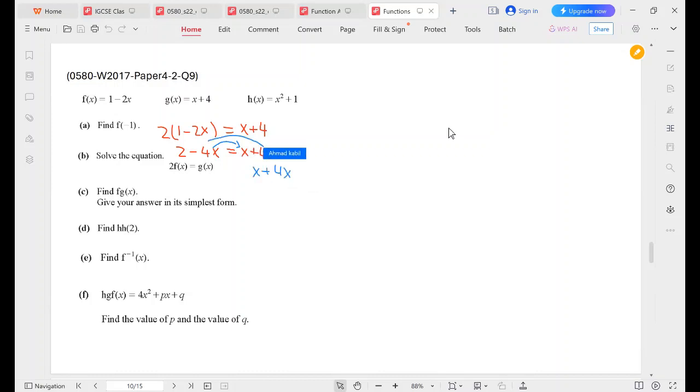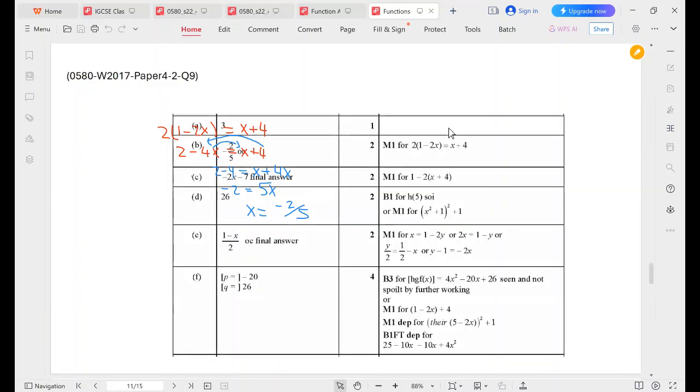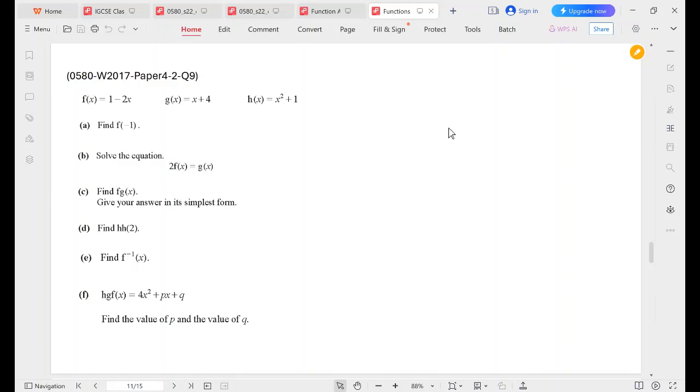And we can take the 4 to the other side, so this would be 2 minus 4, which is negative 2. So 5x equals negative 2. If we divide by 5, we get x equals negative 2 over 5 as a final answer. And negative 2 over 5 is the correct final answer for B.